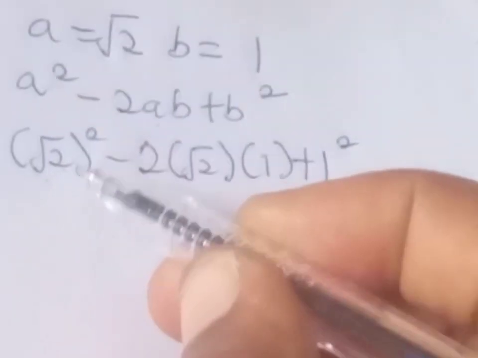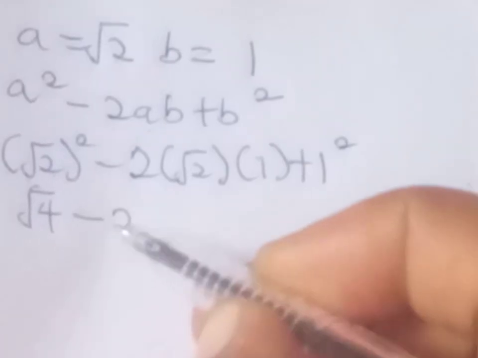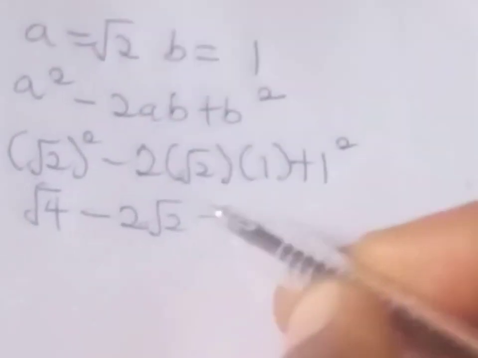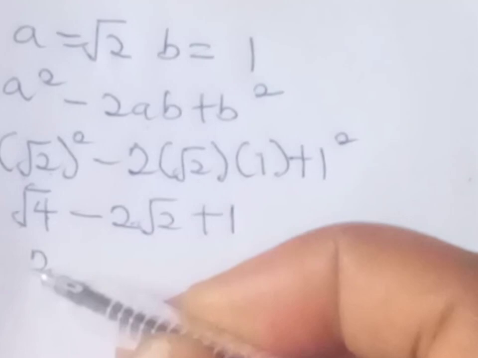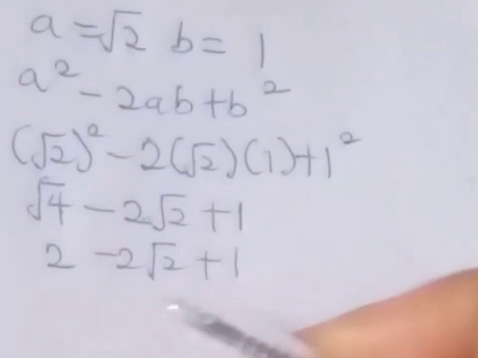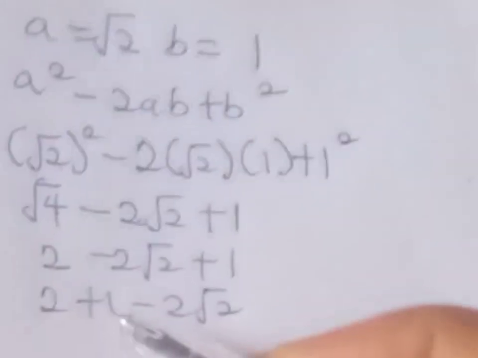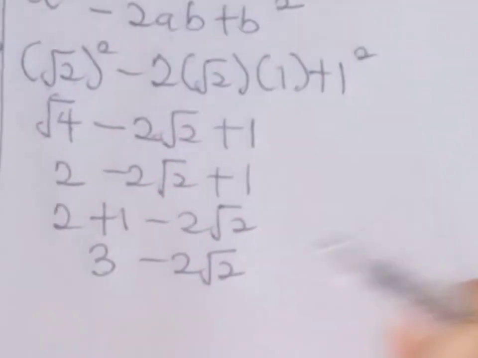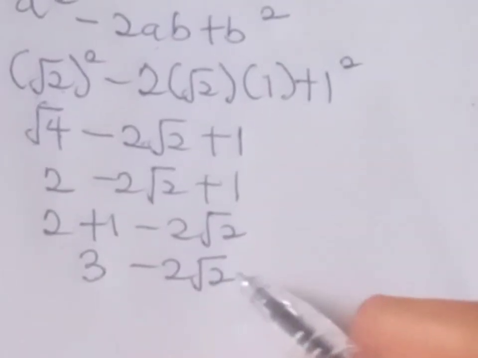Square root of 2 times square root of 2 will give us root 4, minus 2 times root 2 times 1 will give us 2 root 2, plus 1 squared, that is 1 times 1, 1. Now square root of 4 will give us 2. So we have 2 minus 2 root 2 plus 1. Let's rearrange: 2 plus 1 minus 2 root 2. 2 plus 1 will give us 3. So our expression becomes 3 minus 2 root 2. So this is exactly what we have inside the bigger square root.